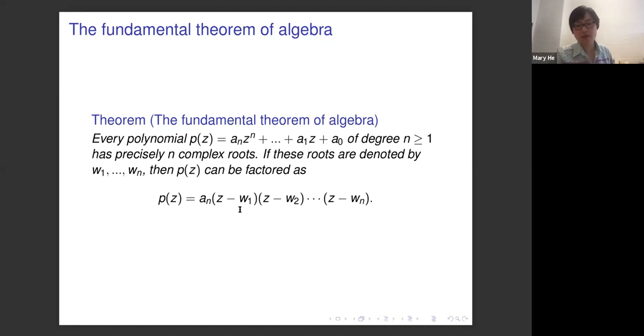This is consistent with the example we have already seen, and the theorem says this is true in general, for any degree n polynomial. And Kathryn Lindsey will show you next a very fancy Mathematica program which illustrates this fundamental theorem of algebra.